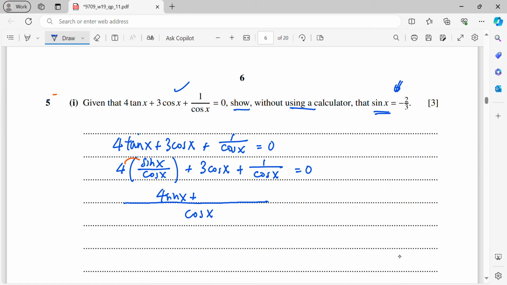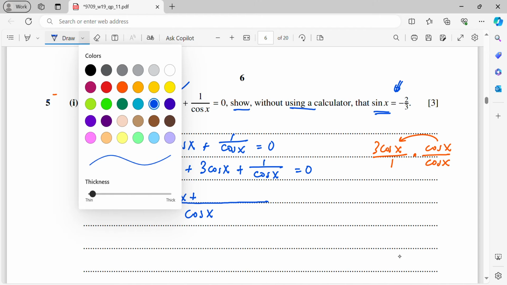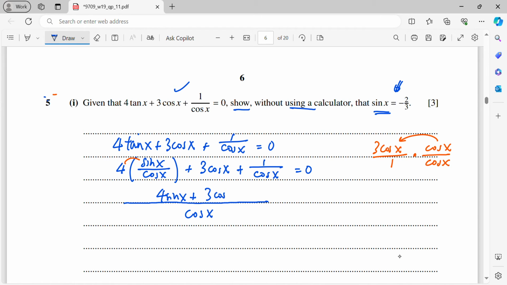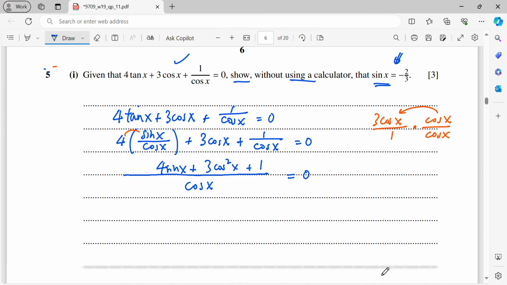Now for the second term, this 3 cos x is basically 3 cos x over 1. If I need to make it over cos x, I need to multiply by cos x and divide by cos x. So it means that my numerator now becomes 3 cos square x. Then plus 1 equals to 0.